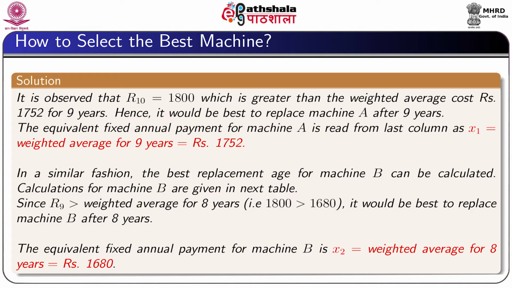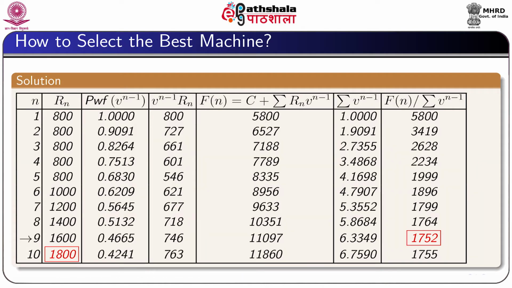And from this result, we see that R10 is a greater value than the weighted average cost for 9 years, which is rupees 1,750, and this indicates that it would be best to replace machine A after 9 years, since the maintenance cost is more than the average weighted cost here: the average weighted cost for 9 years and the maintenance cost for the 10th year.